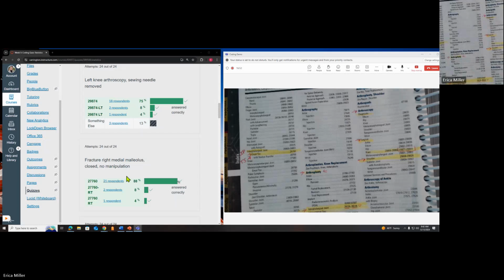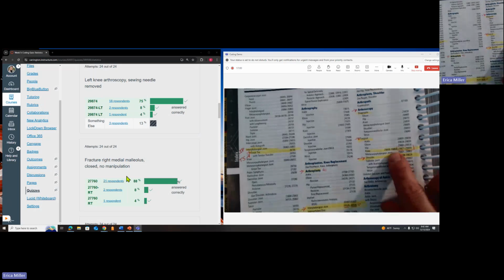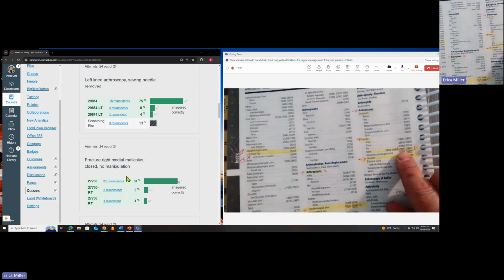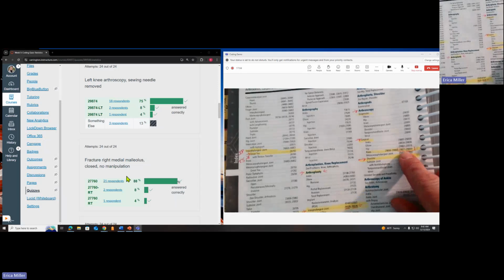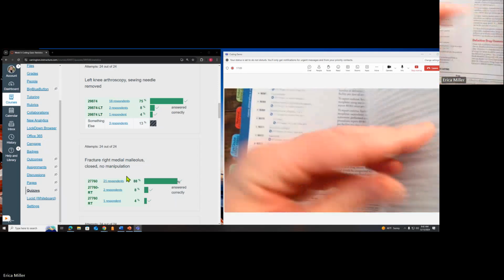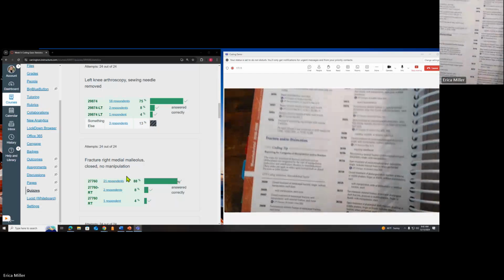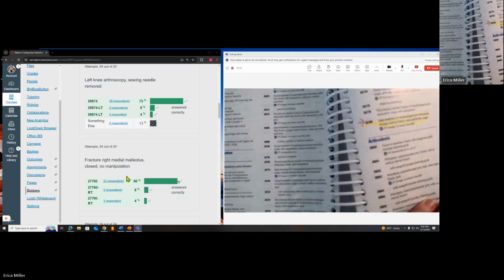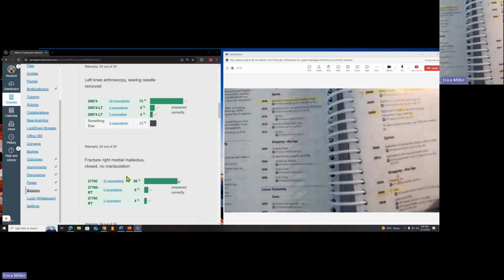So now I've got my starting point, right? Now I've got to go over and see what the difference is between these sections. So I would start off at the 29871. And then we'll flip through and see what the difference is between them.